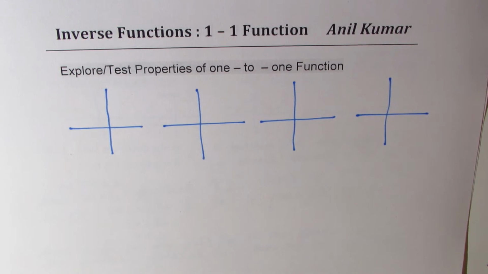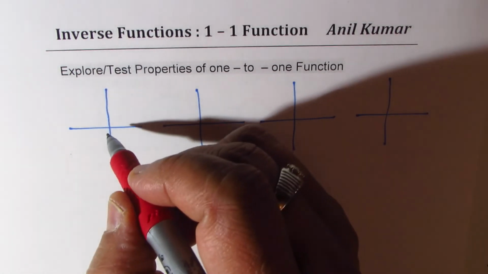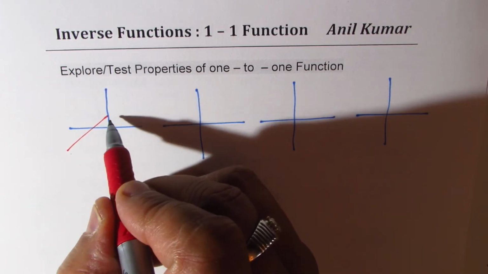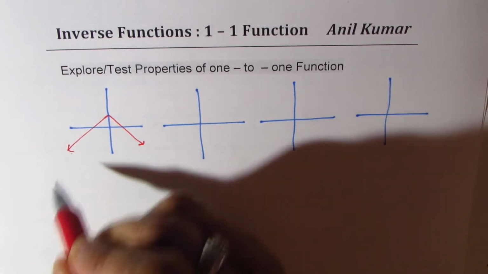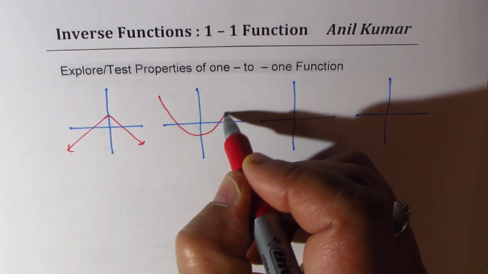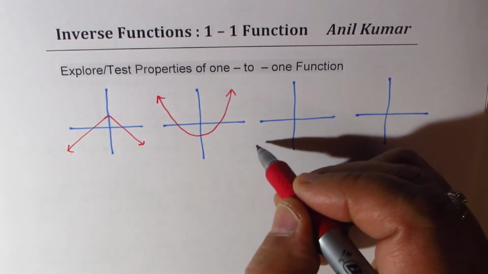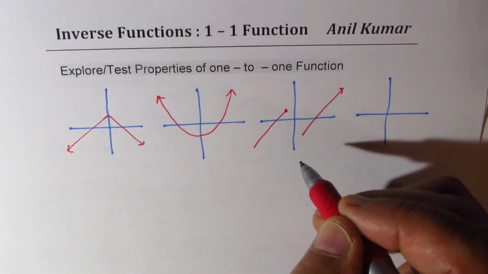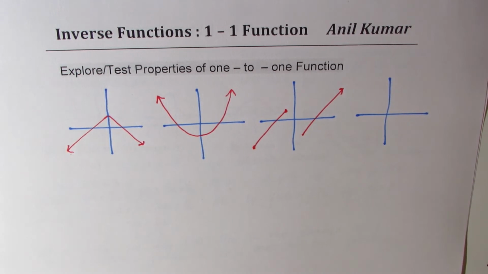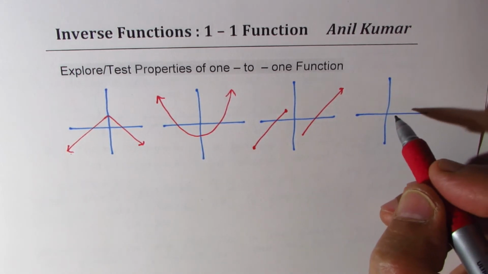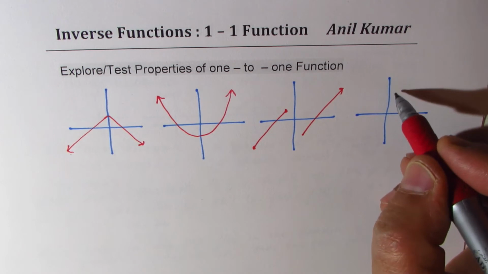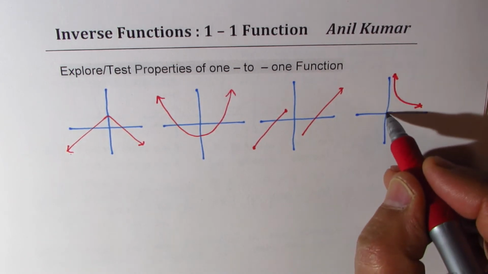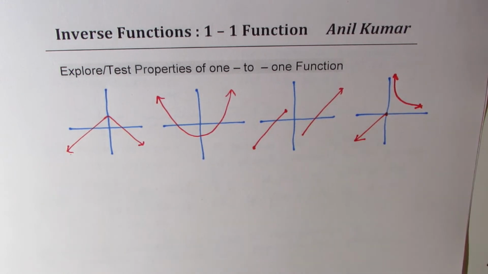So let me show you a few graphs here. One of the graphs will be like this, let's say an absolute value function. We've done this. Let's say a parabola. And let me take a function which is, correct.